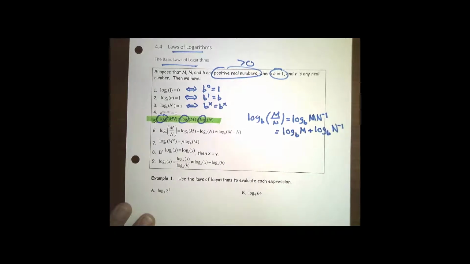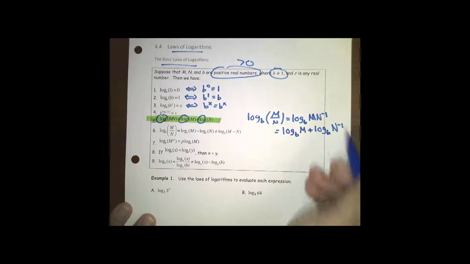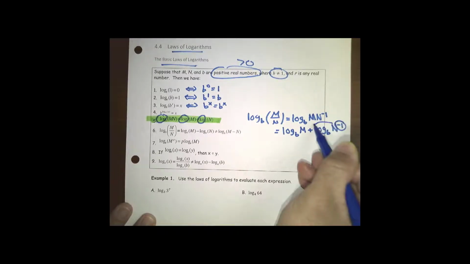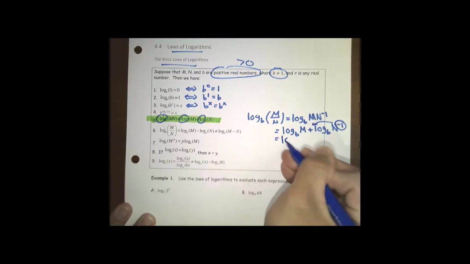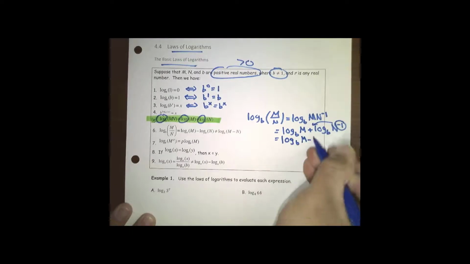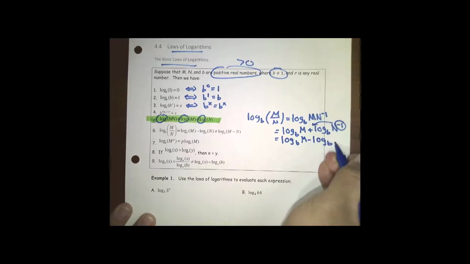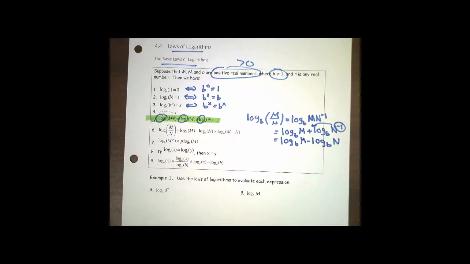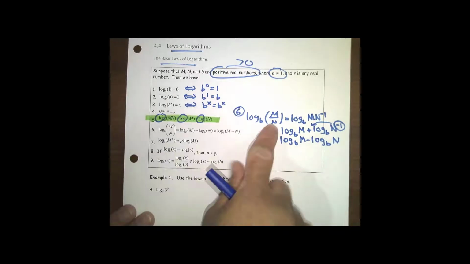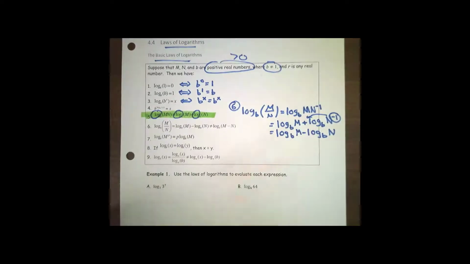And then using rule number 7 here, I can bring that negative 1 in front, so it's log base b of m minus log base b of n. So I just showed that here, so I don't actually need to memorize rule number 6. I could just write that as n to the negative first power every time if I wanted to.